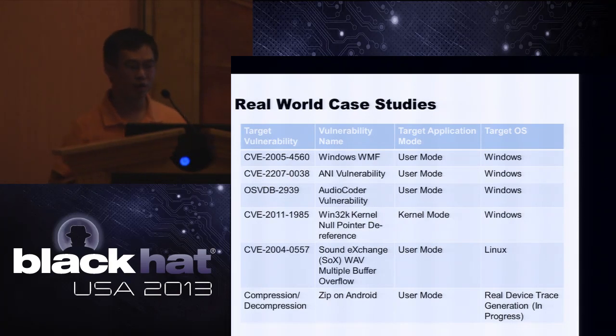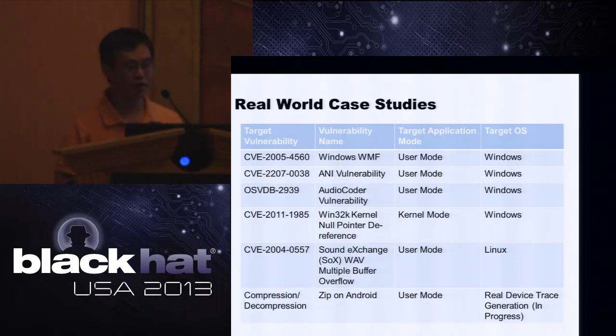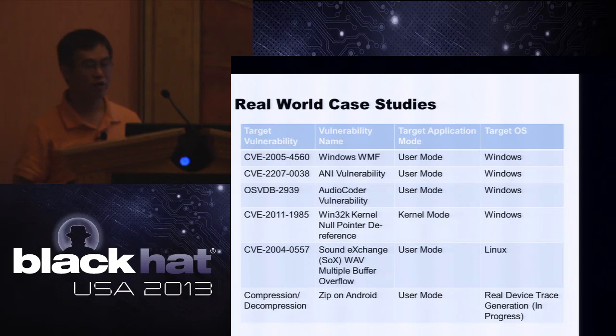We also have some audio vulnerability. On Windows, we collected some kernel crashes, as well as Unix and Linux. We also have work in progress for a zip application, where we're focusing on the compression and decompression activities from an Android real device.